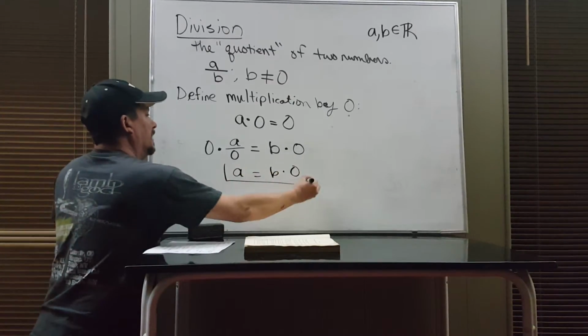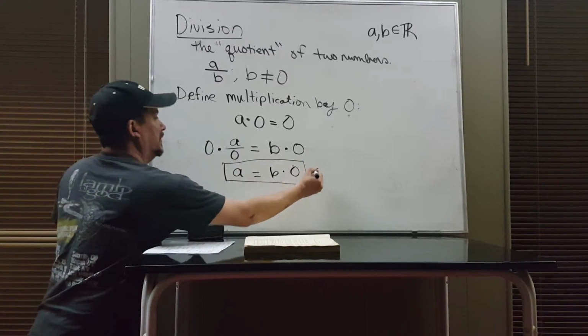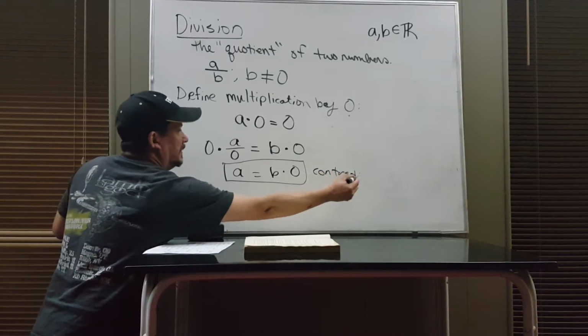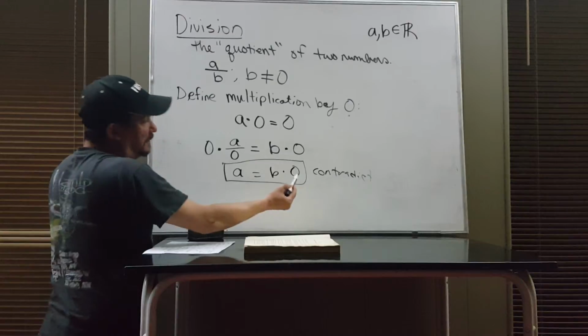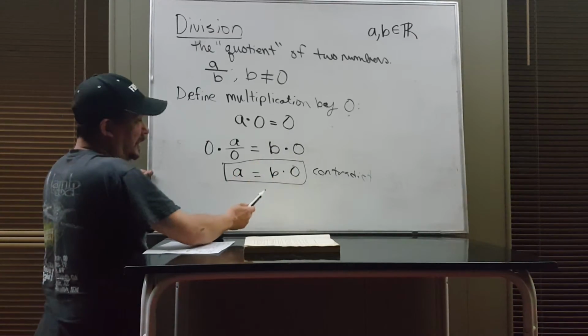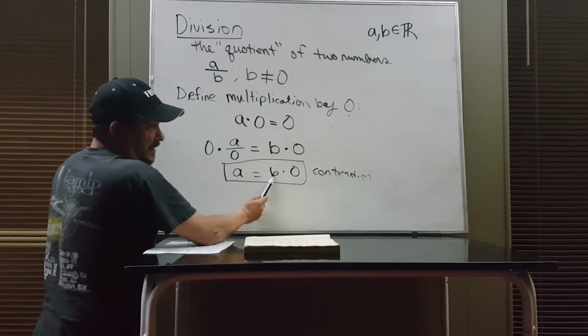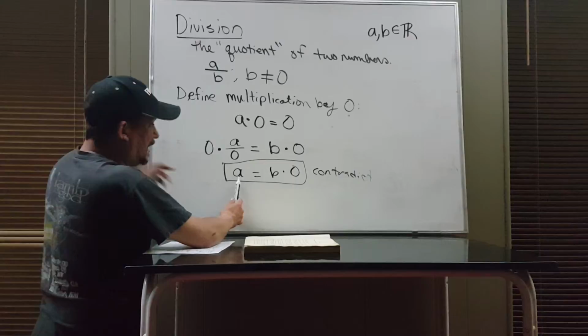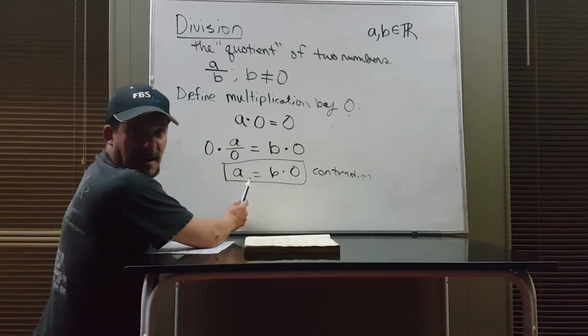Well, this is what we call a contradiction. This is not possible because we define any number times 0 to be 0. And here I'm saying that this number times 0 is some number A. And it could be any number because I didn't define what A is.